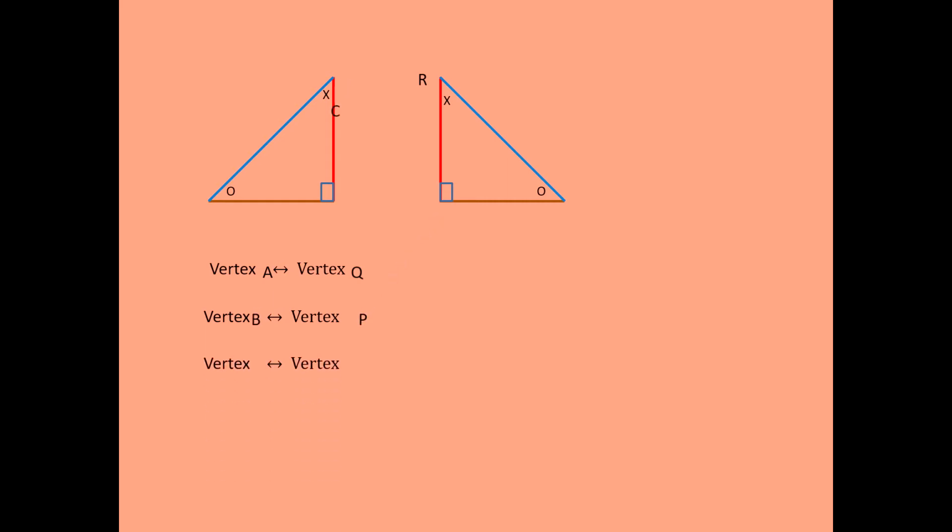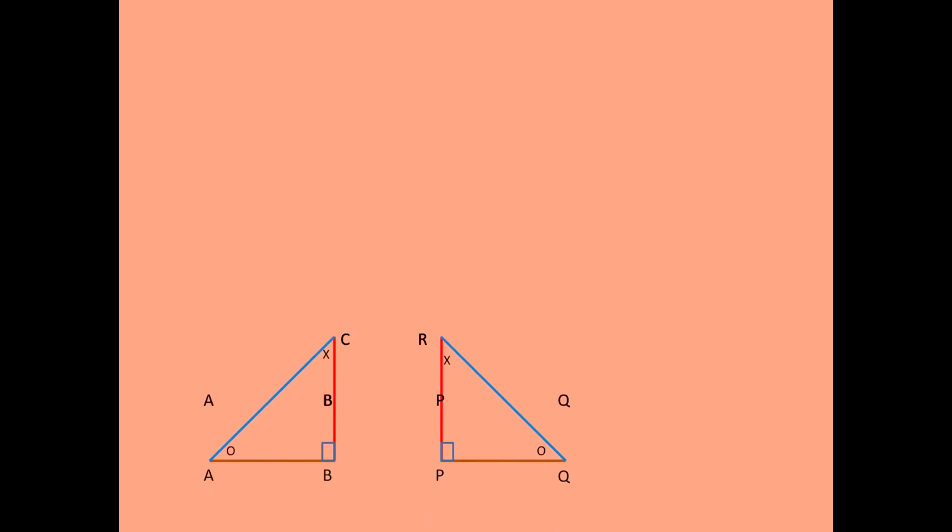Vertex C corresponds to vertex R, both are indicated by X, identical sign. So triangle ACB corresponds to QRP.